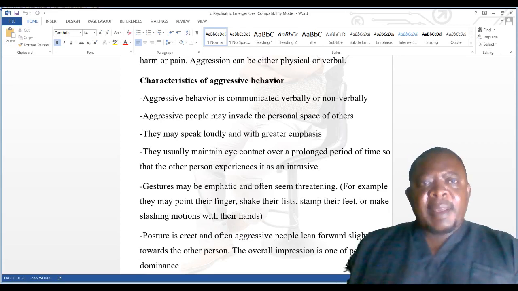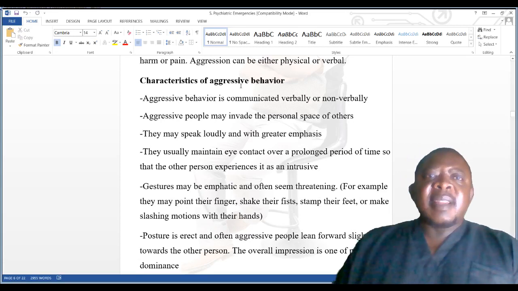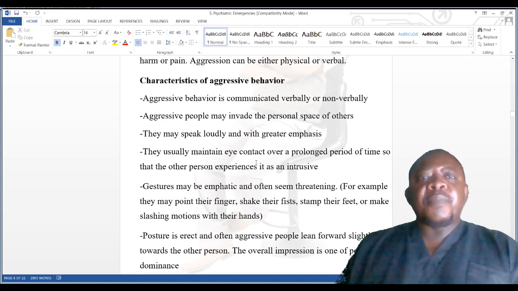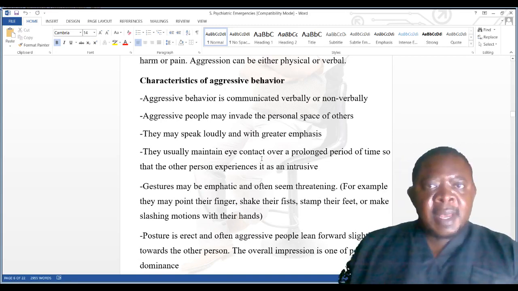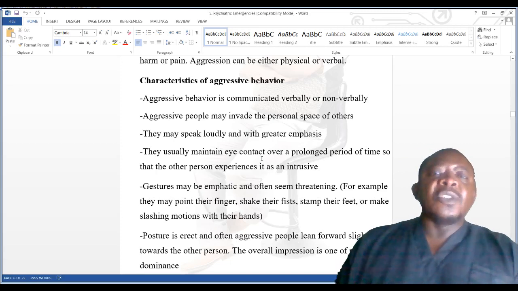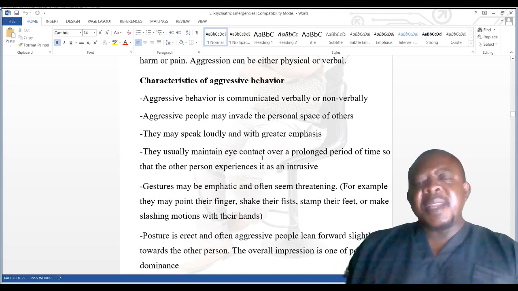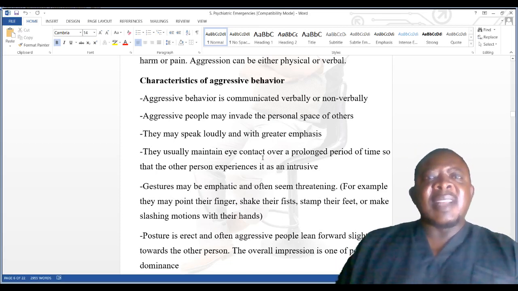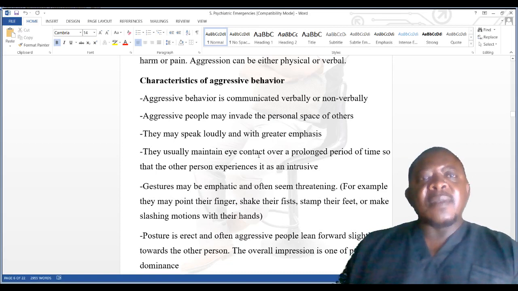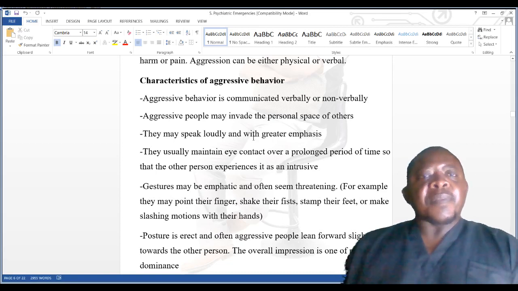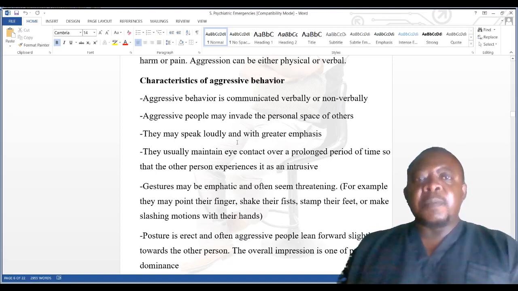Then the other characteristic of aggressive people is that they may speak loudly with a greater emphasis. They may speak at the top of their voice to dominate the other person so that only they can be heard.